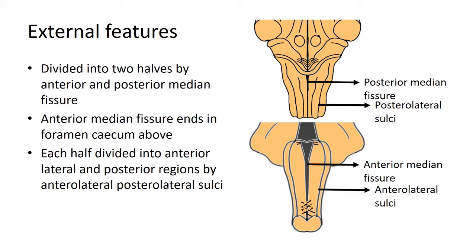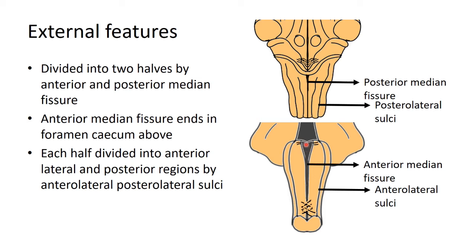Moving on to the external features proper, the medulla is divided into two halves by anterior and posterior median fissure. There is an anterior median fissure and a posterior median fissure which divides the medulla into two equal halves. The anterior median fissure ends in foramen cecum.